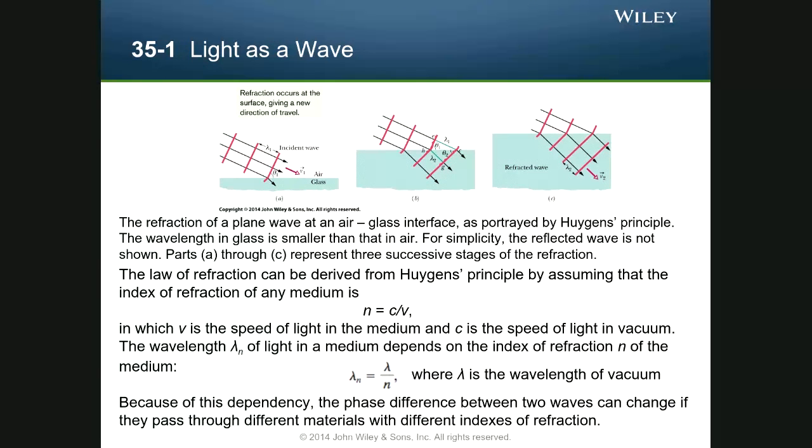We saw Snell's law before, which will give us that n1 sine theta 1 equals n2 sine theta 2. But now what we're going to do is relate the n, our index of refraction, to some of our wave properties, and then we're going to be able to look at the wavelength change in the medium.